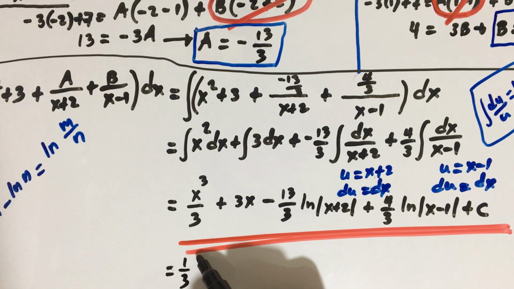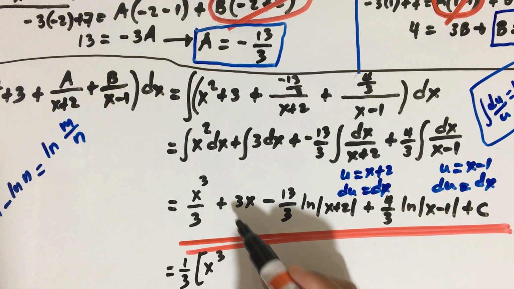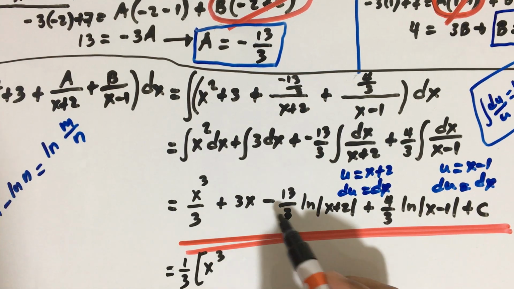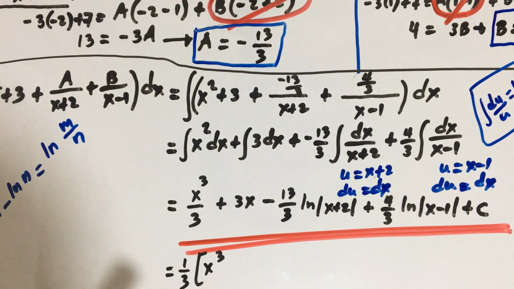Then you have x cubed. No need, we can just leave the first two terms and just factor the common here.